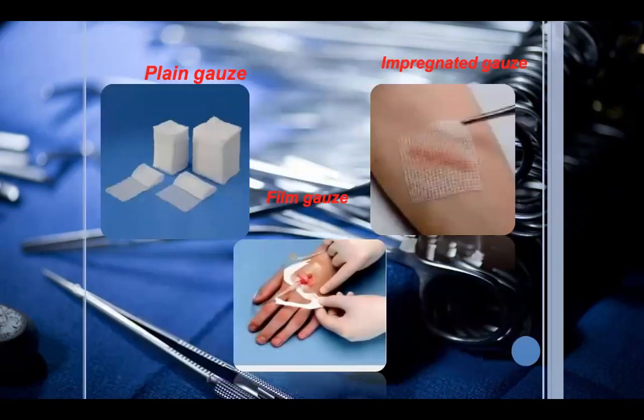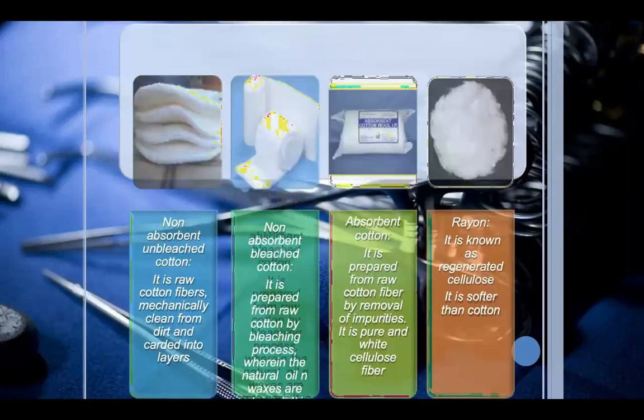Then plain gauze. You can see in the picture the various types of plain gauze, film gauze, and impermanent gauze. Further, you can see non-absorbent, unbleached cotton. It is raw cotton fiber, mechanically cleaned from dirt and carded into layers.